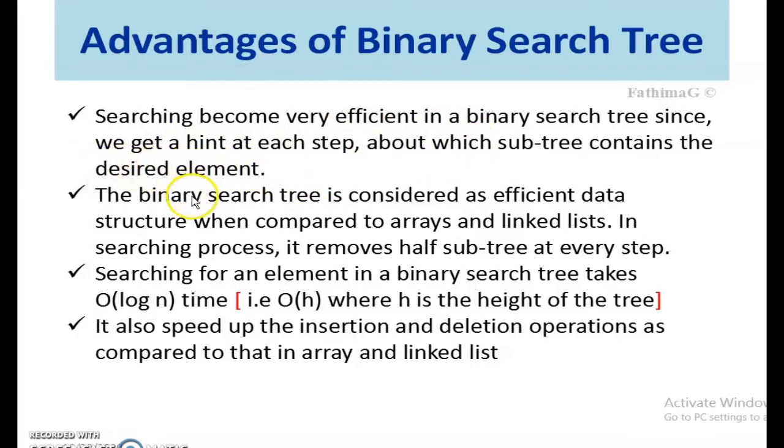And this binary search tree is considered an efficient data structure when compared to arrays and the linked list, as in the searching process it removes half the subtree at each step. The searching for an element in the binary search tree takes order of log n time. It also speeds up the insertion and deletion operation as compared to that in the array and the linked list.